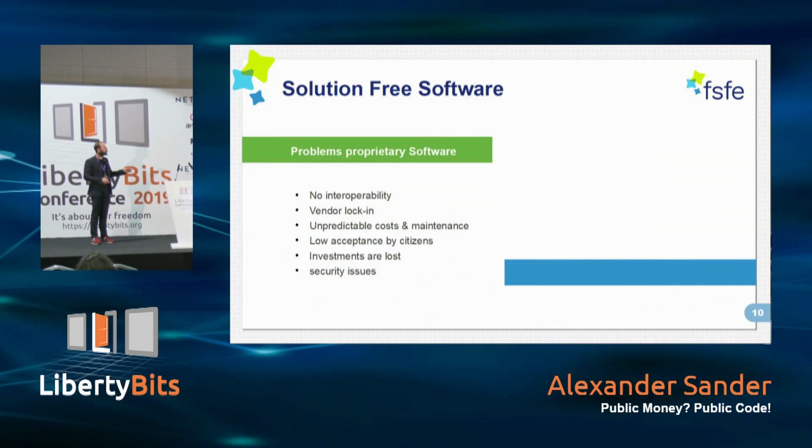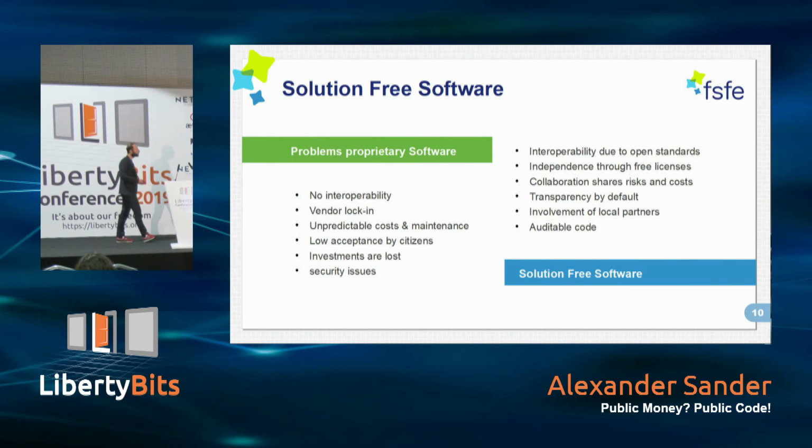And that's why it's a good idea to use free software, because you have interoperability due to open standards. You are independent because you have free licenses. Everybody can step in and fix your software issues. You can collaborate with others. This is especially true when it comes to administration.